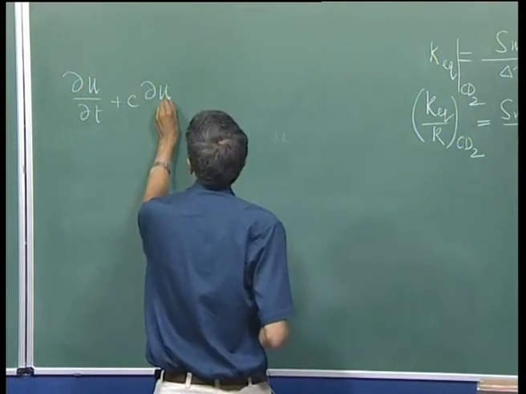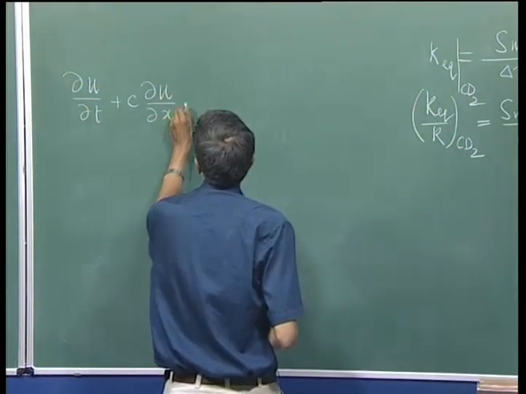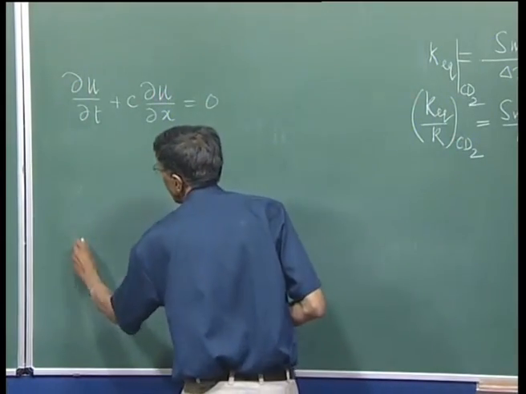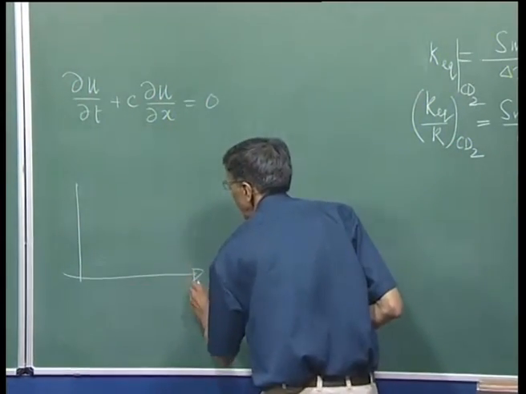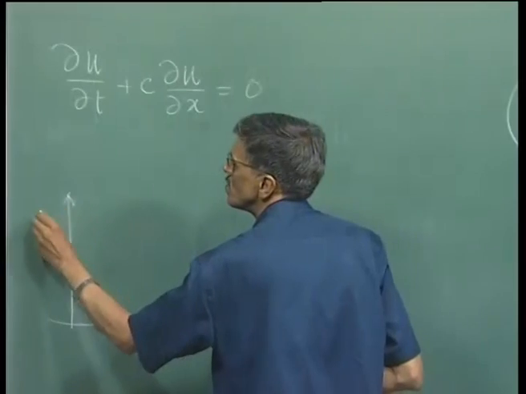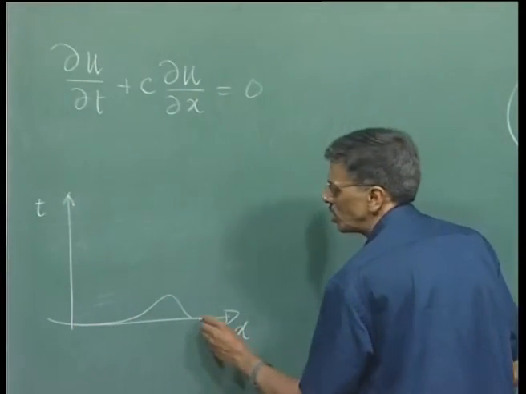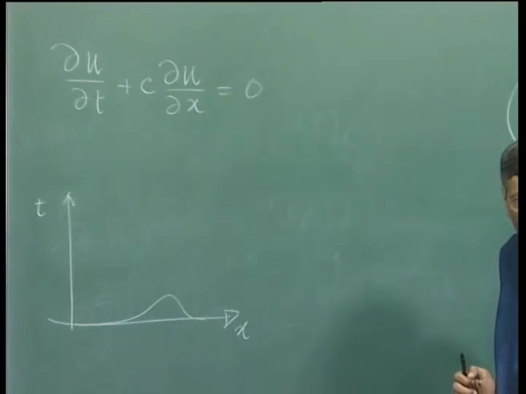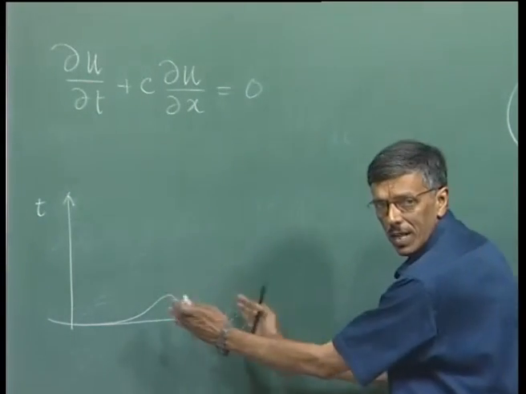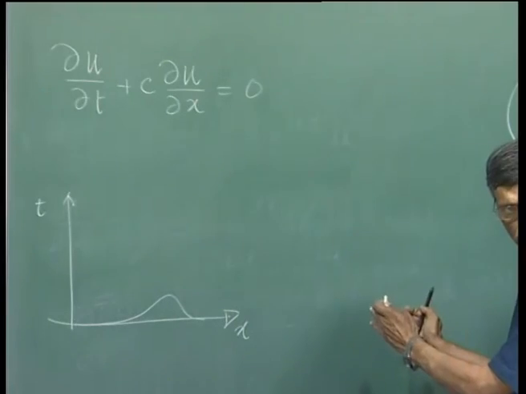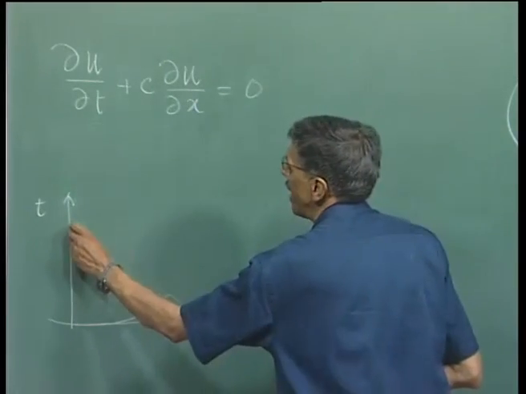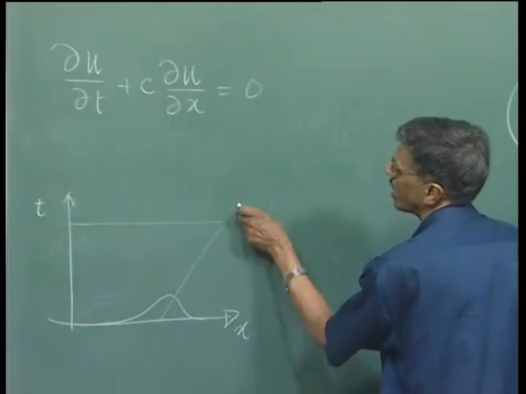because c is positive. So, if I give some kind of an initial condition in the xt plane, and if I give some kind of an initial solution like this, what happens with the passage of time? This condition will move to the right. So, at a later time, I might see that this solution has moved here.